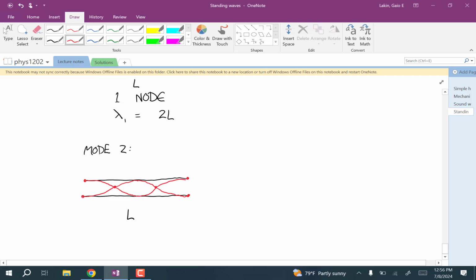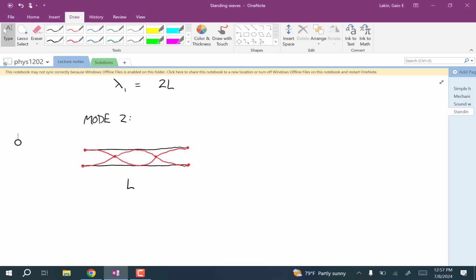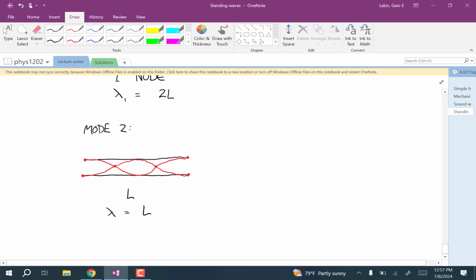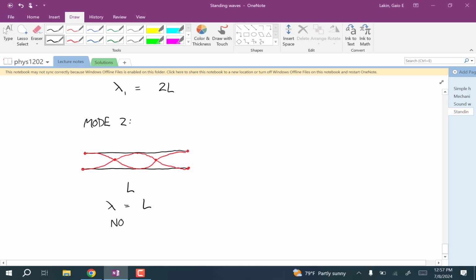A full cosine function fits exactly into this pipe. If you follow the one that starts on top, you can see that's exactly one cosine cycle. And so the wavelength is equal to L. And this was the one with 2 nodes.